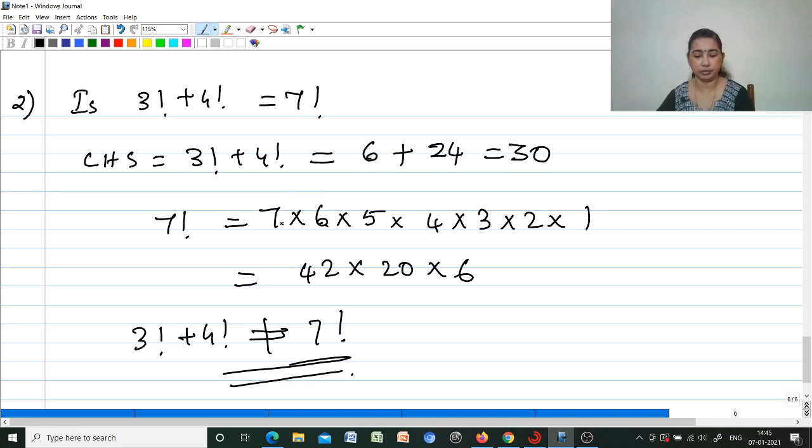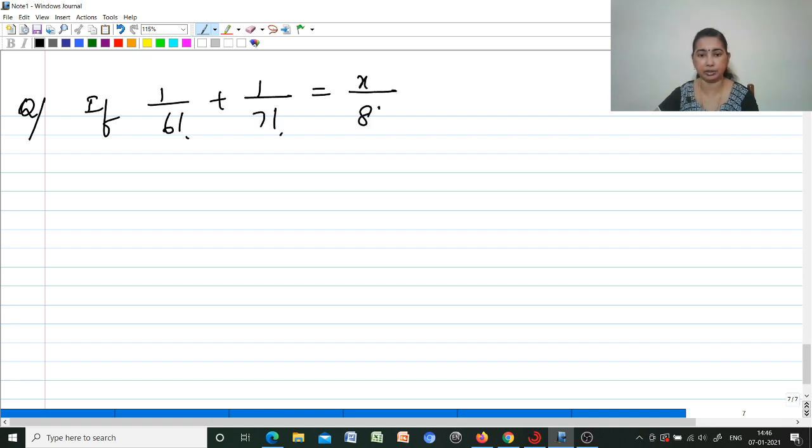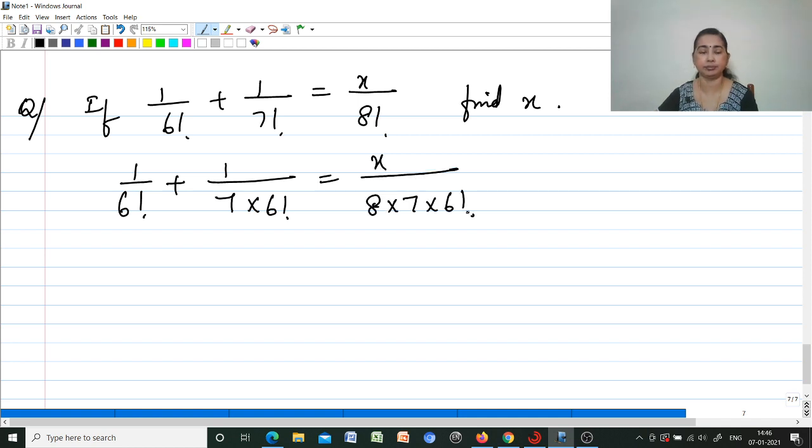Then another question. If 1 by 6 factorial plus 1 by 7 factorial is equal to x by 8 factorial, find x. So, as earlier, this can be written as 1 by 6 factorial plus 1 by 7 into 6 factorial is equal to x by 8 into 7 into 6 factorial.